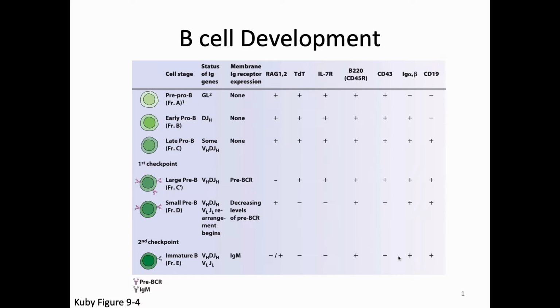And we talked about, in all 3 cases, what job that cell is doing and what was on the surface of that cell. So what was on the surface of the pro-B cell? Sebastian? Nothing. So no BCR.